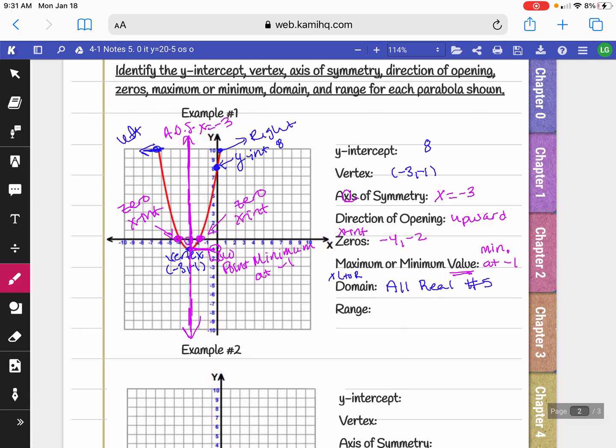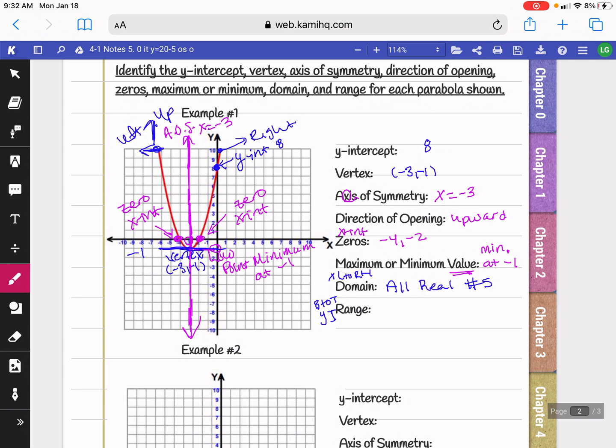For range, you think of y and you go bottom to top. So up and down. If you look at the bottom here, our bottom was at -1. But if you look at the top, it's going to keep going up. So it goes up from -1. In other words, all the y's that are on this graph are numbers that are higher than -1.